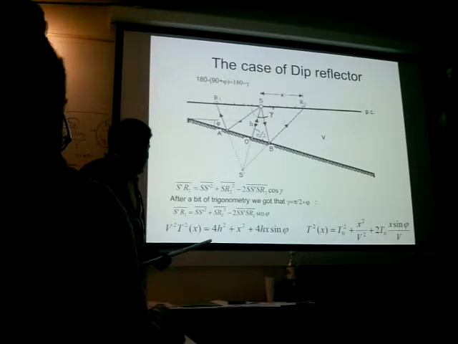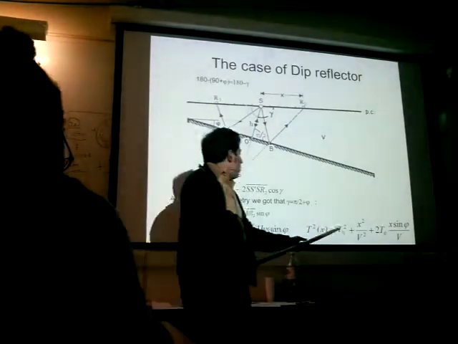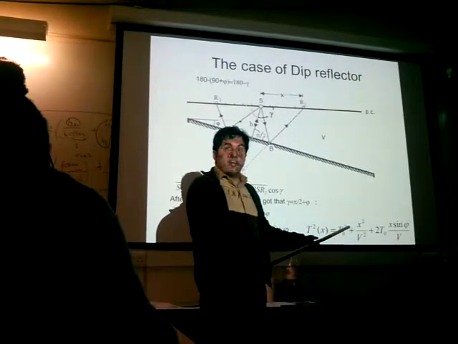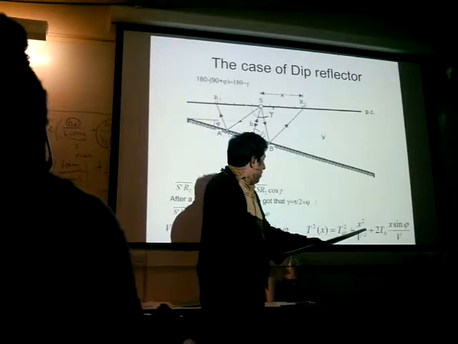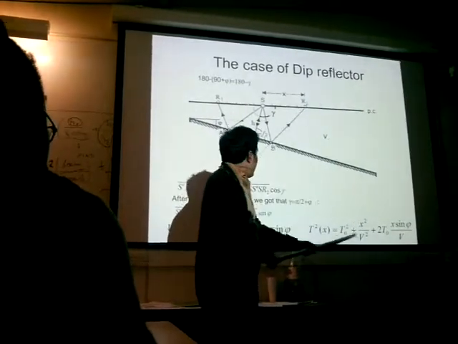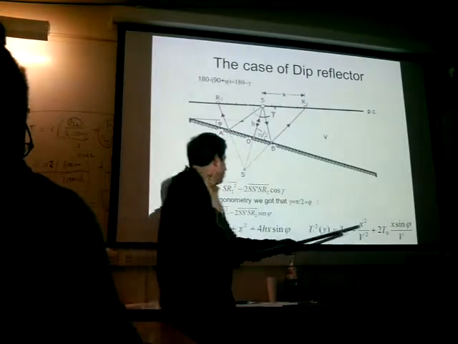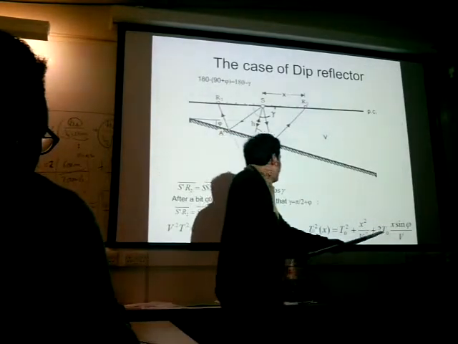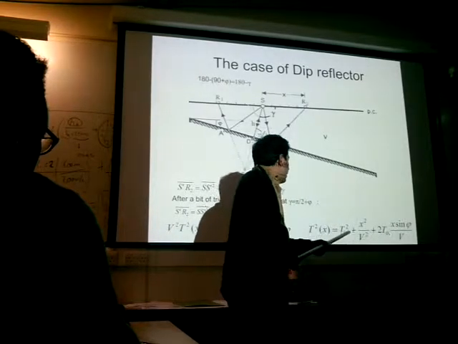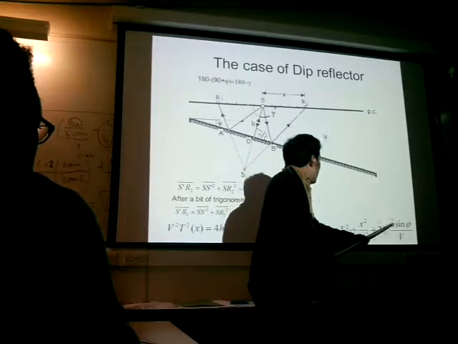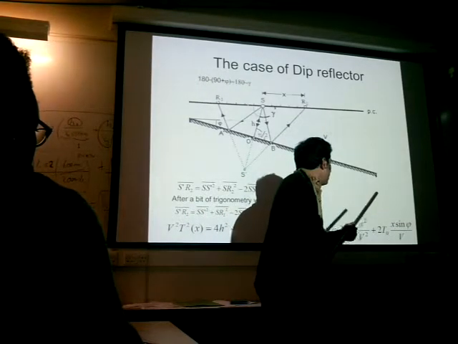Four H squared divided by the velocity squared is nothing else than my two-way travel time with an orthogonal reflection, my tau 0 squared. Plus the component of X squared divided by velocity squared that comes from that one, plus twice 2H divided by velocity, which is the zero offset two-way travel time, multiplied by X, multiplied by the sine divided by the velocity.